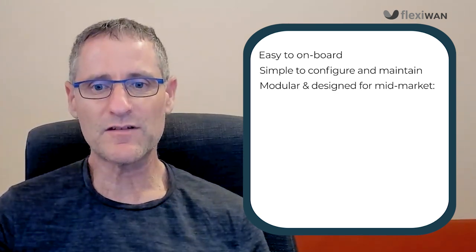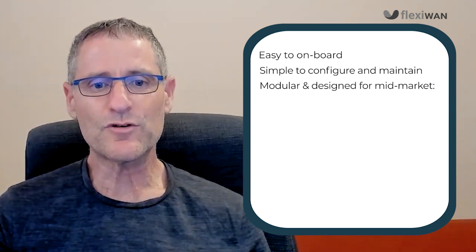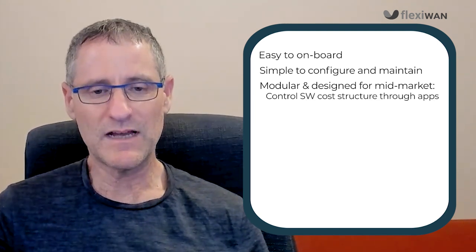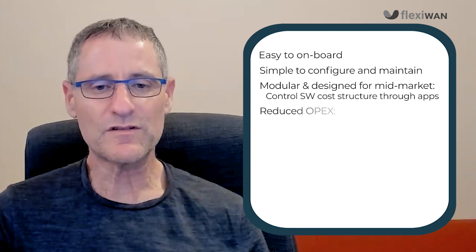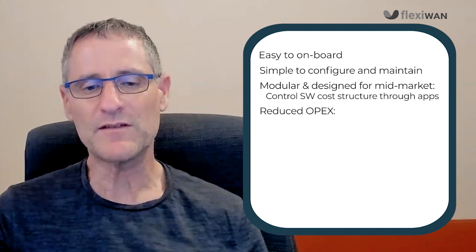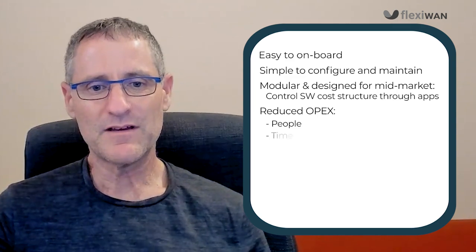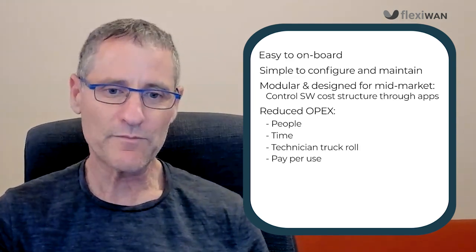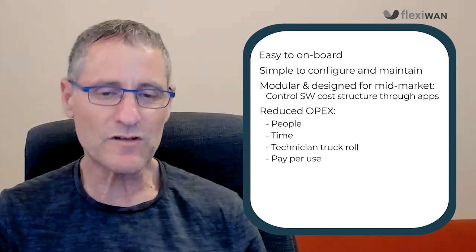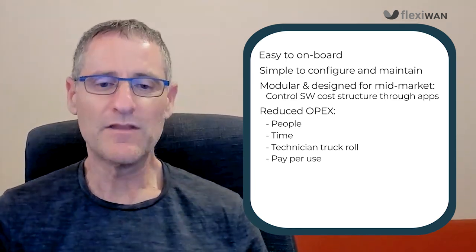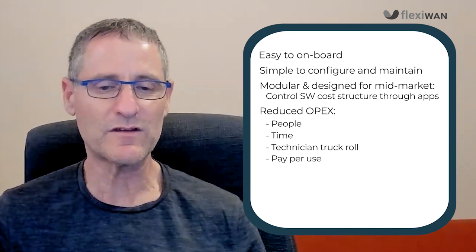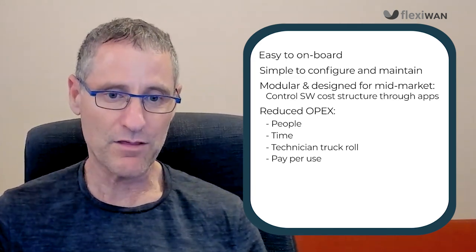It's a modular design, and it gives you complete control over the cost structure of the hardware and the software. It reduces the operational cost. This means less people, less time, fewer truck rolls that you need to send to the field, and you pay per use. It's not per bandwidth, you just pay based on the actual number of FlexiEdge instances you had registered in our management system at any given month.